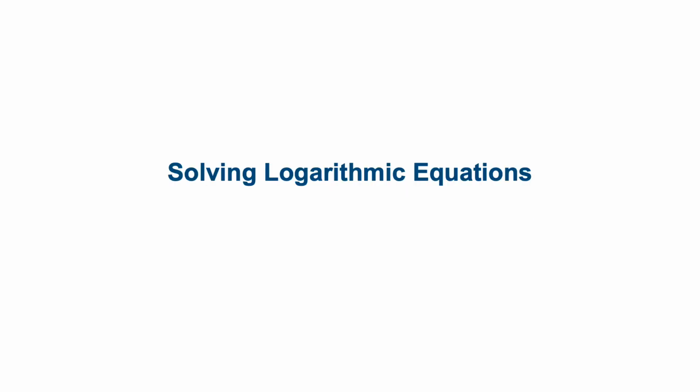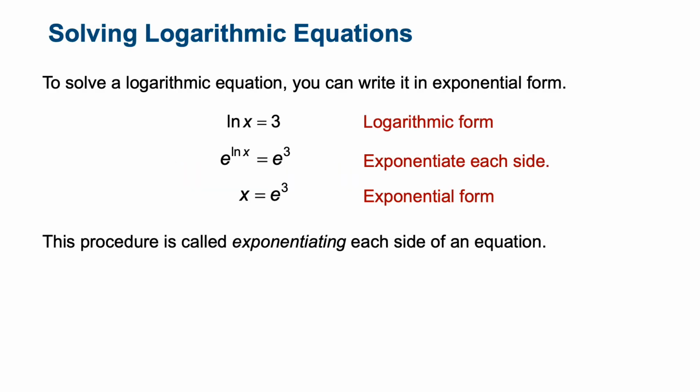Okay, now let's do an example of solving logarithmic equations. To solve a logarithmic equation, you can write it in exponential form. So here, if you have ln of x is equal to 3, you can exponentiate each side. That's a nicer way to put it, exponentiate. And then because of properties of logs, that gives you x is equal to e to the 3rd power.